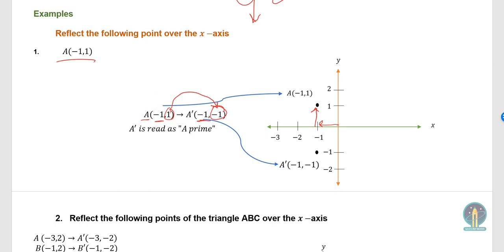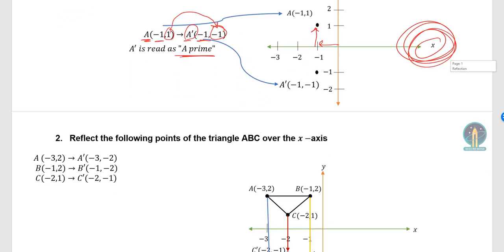So this is point A. Its transformation or reflection in this case would be A prime. Okay, so the reflection of A, having coordinates -1 and 1, is A prime, having coordinates -1, -1. This is the reflection of A over the x-axis. Okay?